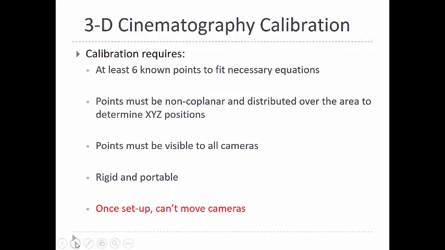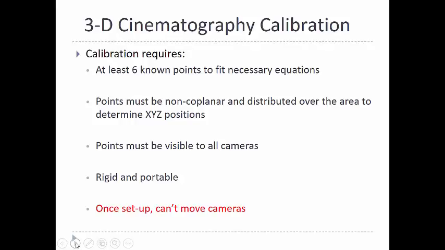Now we also need to calibrate a 3-dimensional kinematic data collection system. And the calibration for 3 dimensions is a lot more complex, as you would imagine. We need at least 6 known points in order for us to complete the necessary equations to calibrate any capture volume, as we would call it, in 3D space.